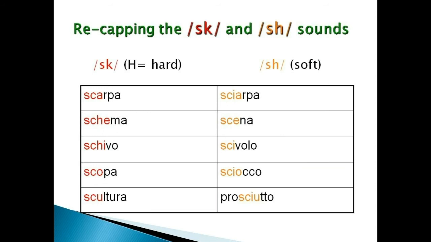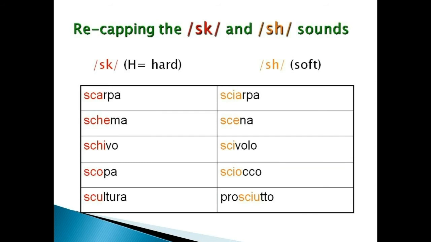I would like to focus now on the pair of words scarpa, sciarpa, sca, scia. As you can see, they only differ for the letter I, which makes a huge difference because the I tells us that instead of a hard sound ska, we need to soften the sound and pronounce sha. As a memory tip, you might take into account that these are both items that you wear.